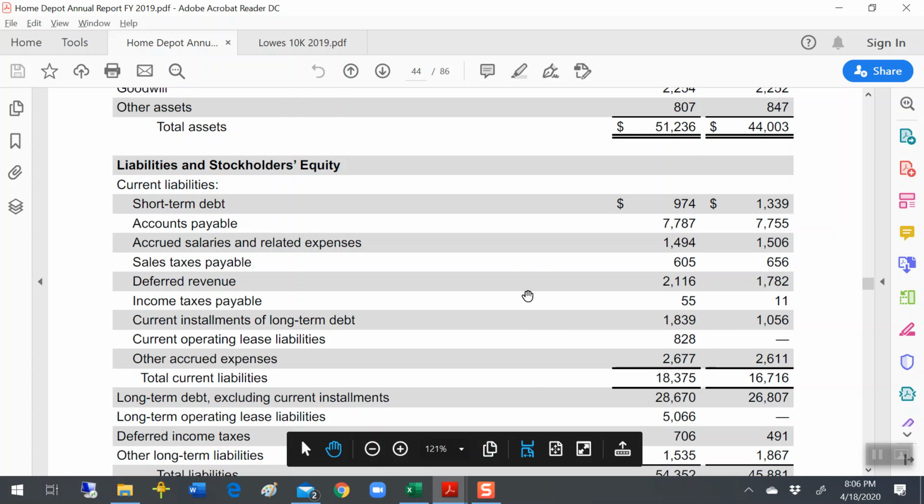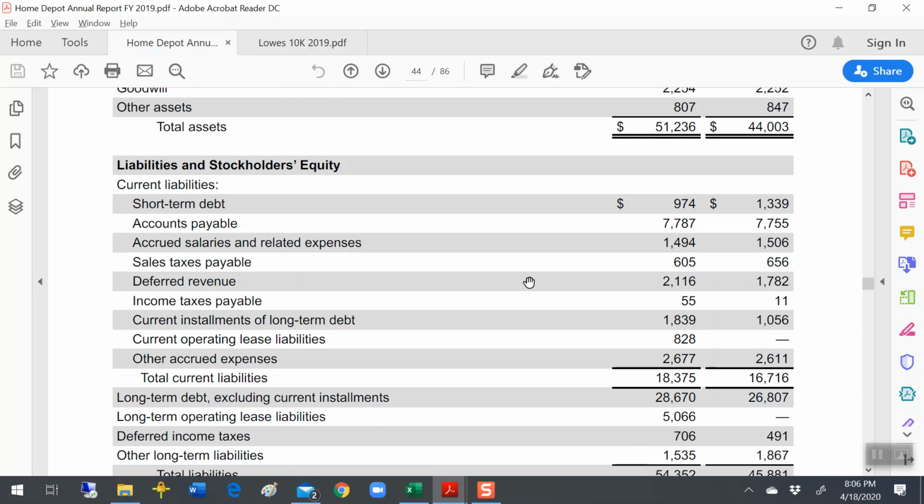Deferred revenue, for these folks, is more than likely largely gift cards.